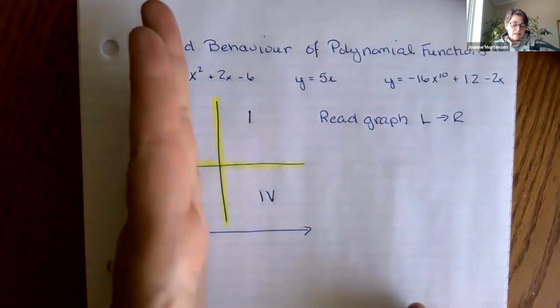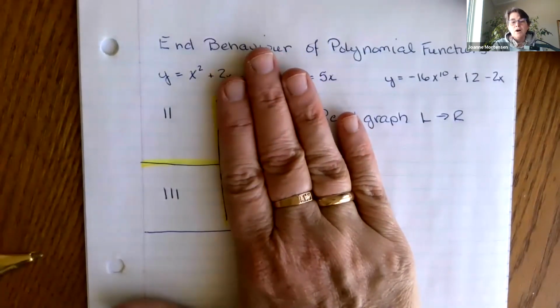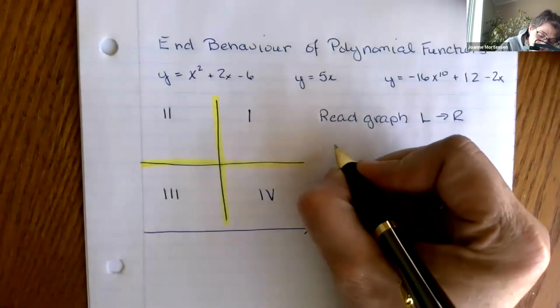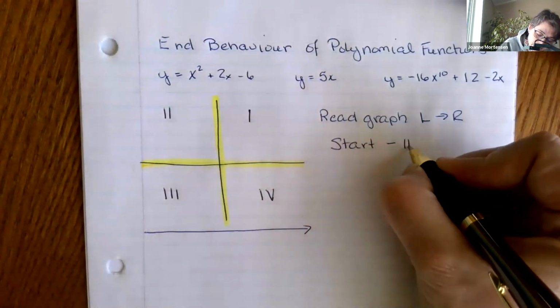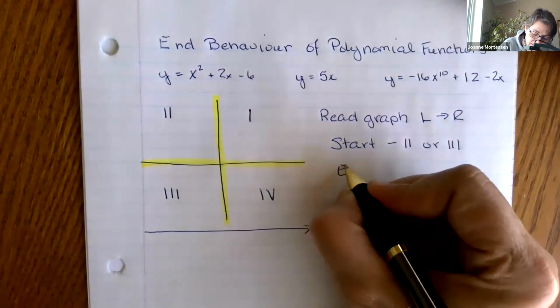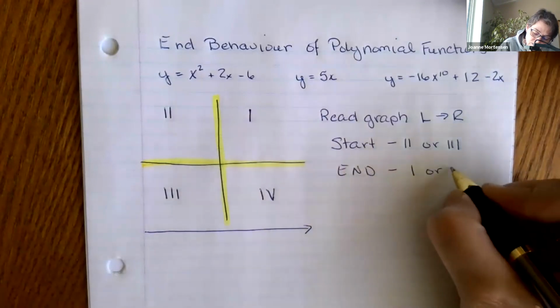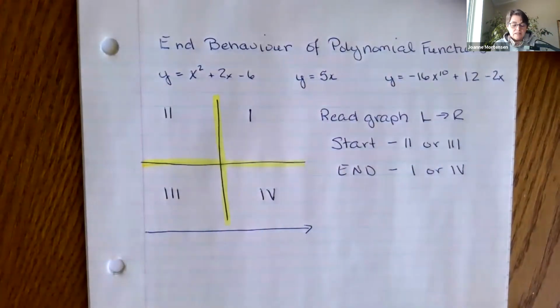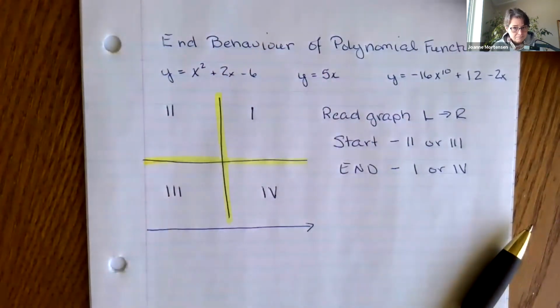If I'm reading in this direction, those are the only 2 possibilities for a start, because it has to start on this side. So my start is always 2 or 3, and my end is always going to be 1 or 4. That's it. It has to end on this side. It has to start on that side. So far, so good, right?